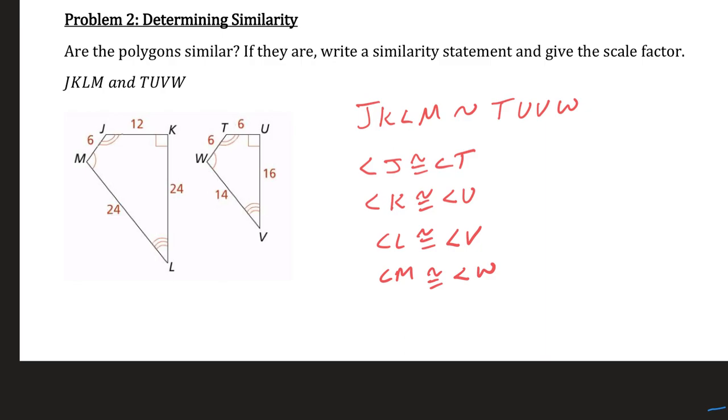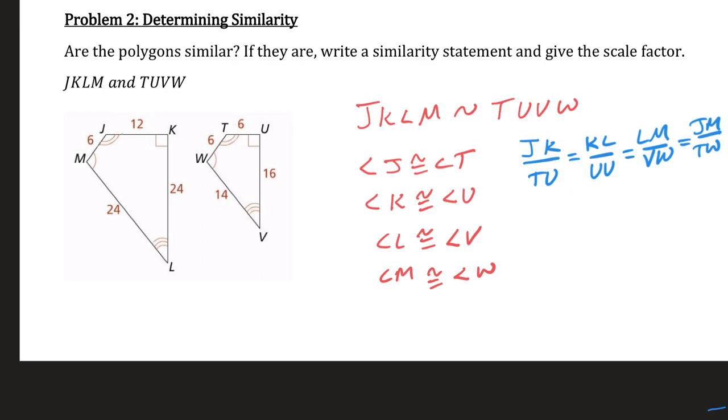Now we have to show that the sides are proportional. So I'm going to write the statements here. JK to TU is equal to KL to UV, which is equal to LM to VW. And I think the last side will be JM to TW.